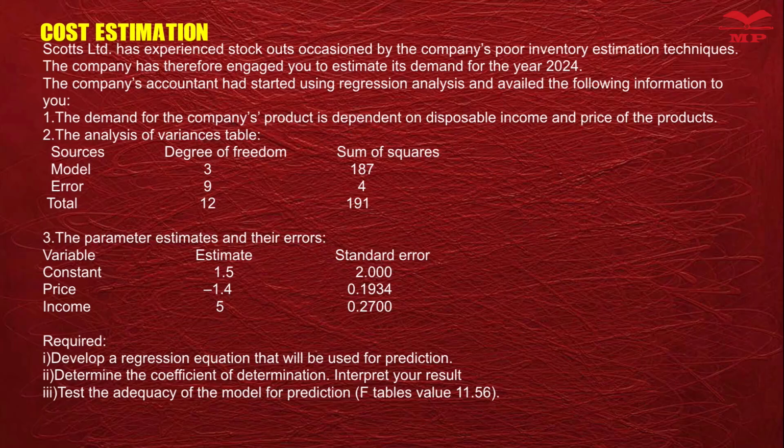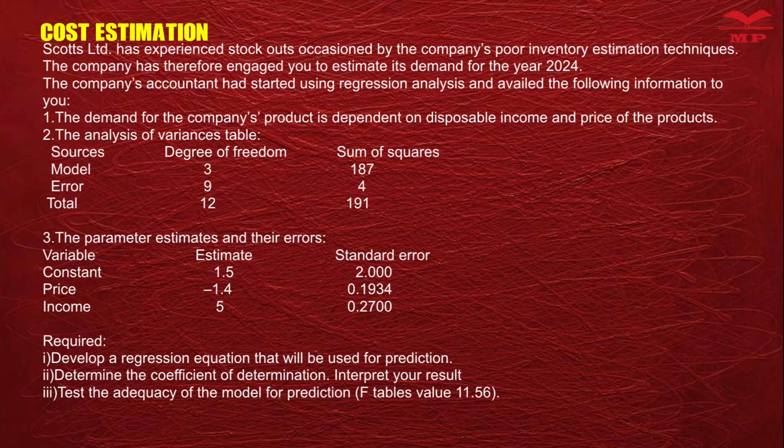And we know the F test is viewed as a test of the regression's overall significance. The F statistic measures how well the regression equation explains the variation in the dependent variable.